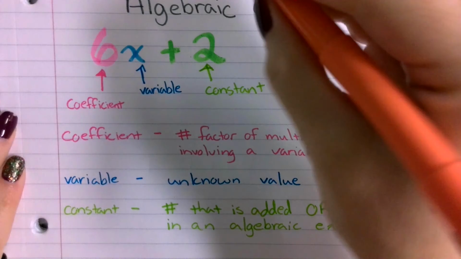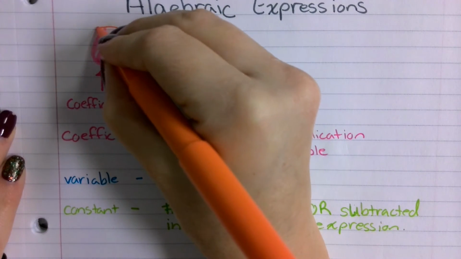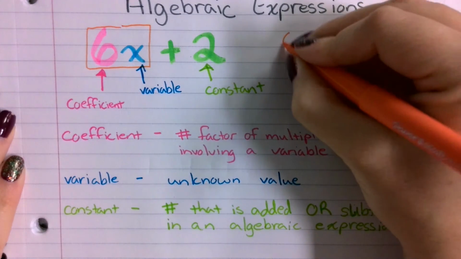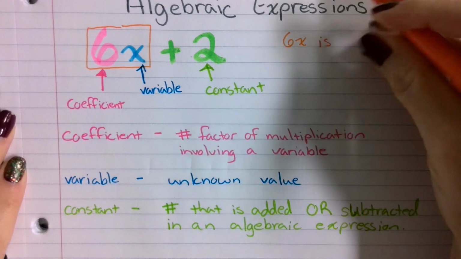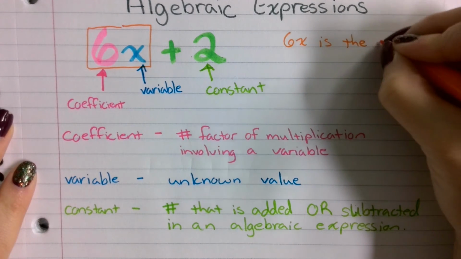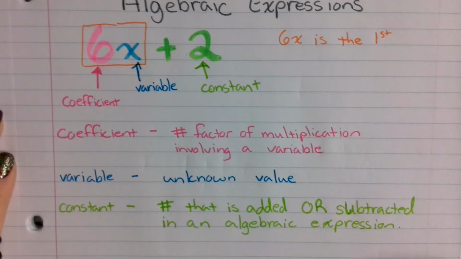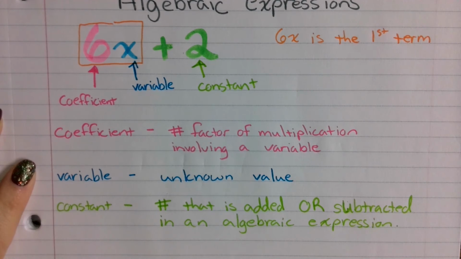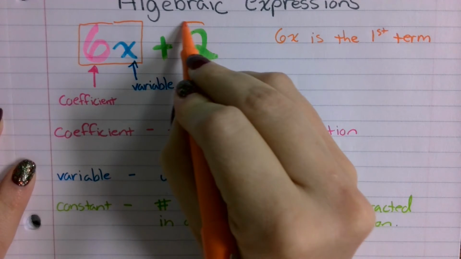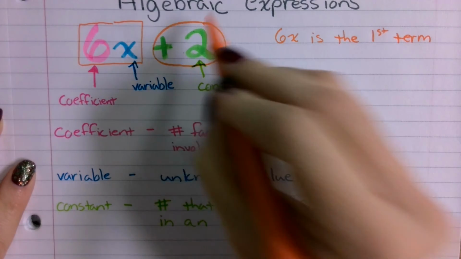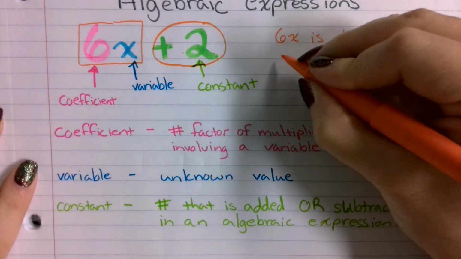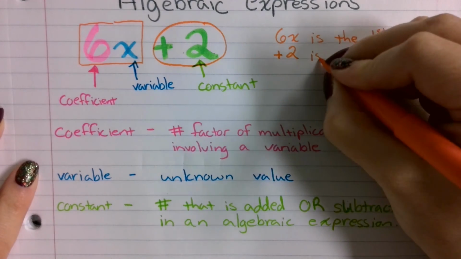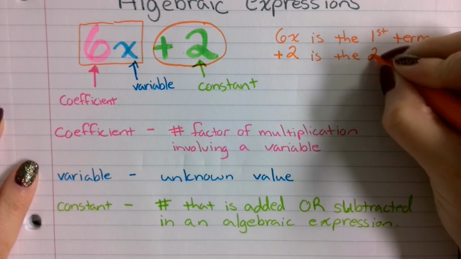So, terms are things like 6x is the first term. 6x is the first term in our statement. And then plus 2. A plus 2, a positive 2, is the second term.